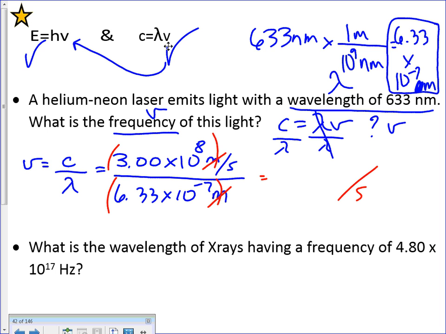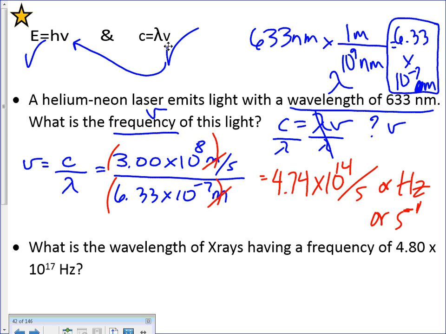Shout it out when you get it. I'm going to round to 4.74 times 10 to the 14th per second, or hertz, or seconds to the negative 1. Any of those three will work.